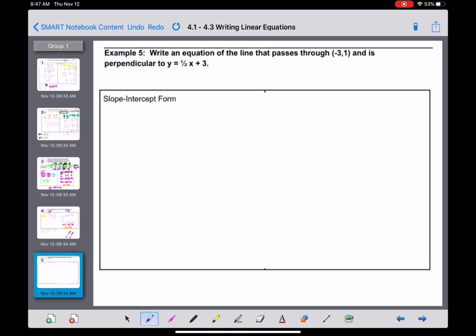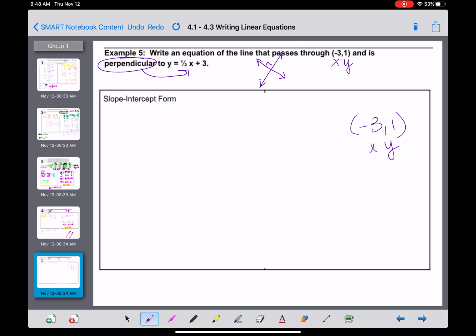Final example, we want to write an equation of the line that passes through (-3, 1). So there is my x and y that I'm going to be working with. And this time we are perpendicular to y equals 1/2 x plus 3. Perpendicular lines are two lines that intersect, and when they intersect, they form a 90-degree angle. We learned in our Desmos activity that intersecting or perpendicular lines have slopes that are opposite reciprocals.